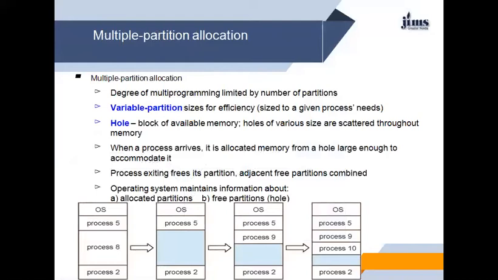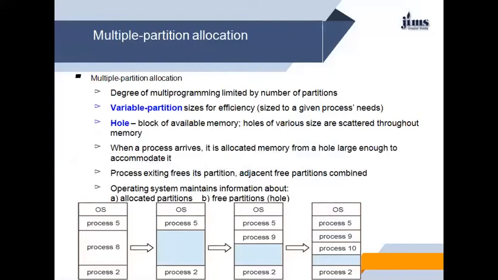Whenever a new process arrives, it is allocated memory from a hole large enough to accommodate it. A process exiting frees its partition, and adjacent free partitions are combined. The operating system maintains information about allocated partitions.